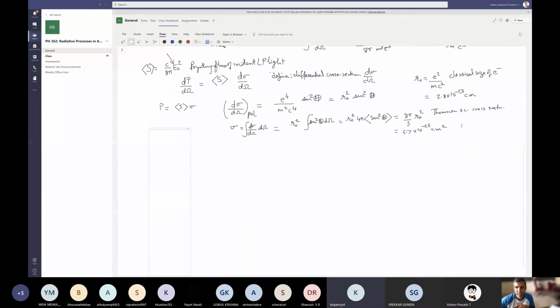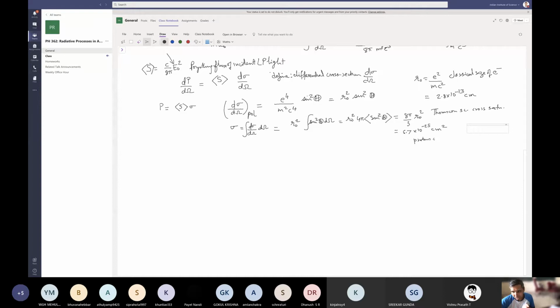This is for the electron, but you can apply it even for a proton. The problem is the proton is even smaller. It's not as efficient a radiator. If you do this for a proton, you get about 2,000 times smaller value, so the cross section will be 2,000 squared times smaller.